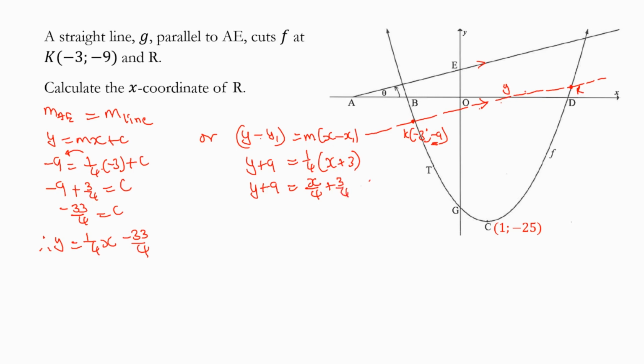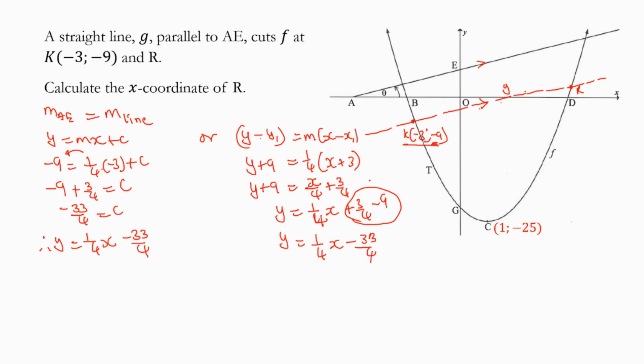Then we bring 9 this side, so y is equal to 1/4x plus 3/4 minus 9. You put this in the calculator and it will give you -33/4. So y is equal to 1/4x minus 33/4. Okay, so now we have the equation of g and the function f of x.